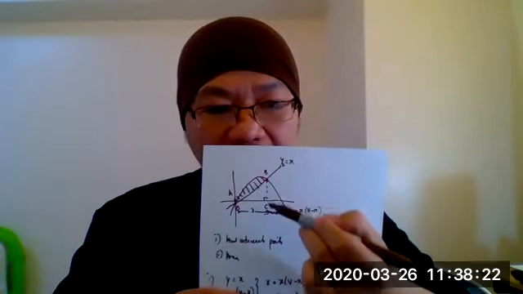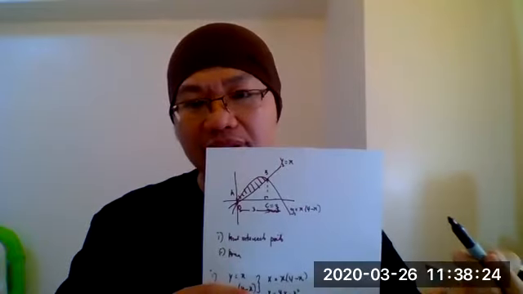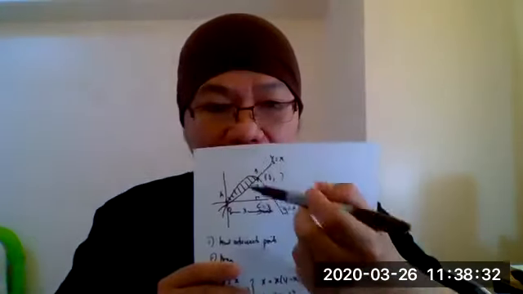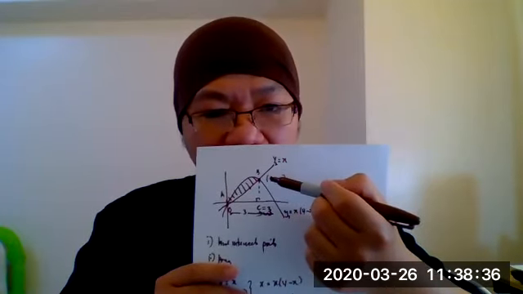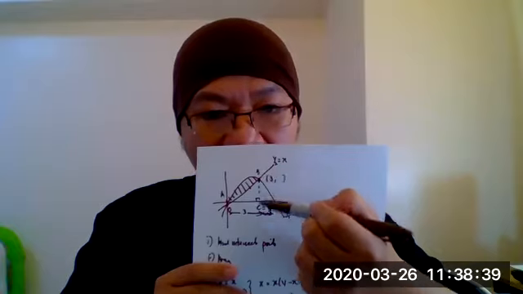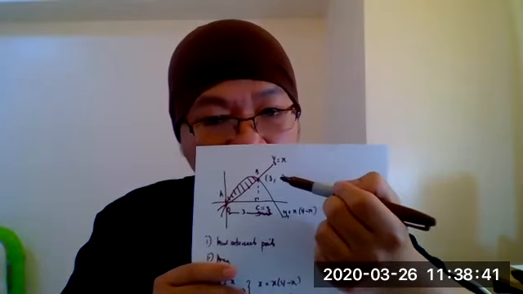But how to find the height of the triangle? That's why the point B just now, the point B that we dotted here, we know the coordinate of x, which is 3, right? It's equivalent to C. But how much is the value of y?